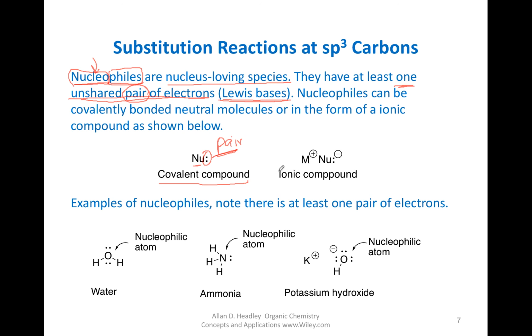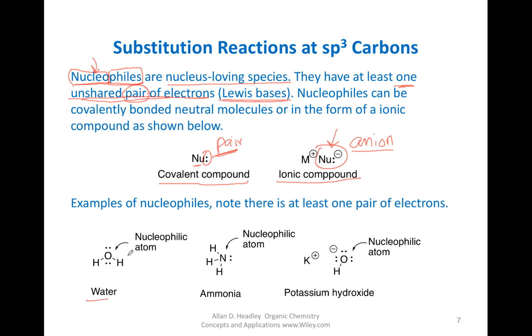We could also see a nucleophile as an ionic compound, such as M being the cation, and here the nucleophile is the anion. So this is the nucleophilic region or portion of this ionic compound. Let us look at some examples.